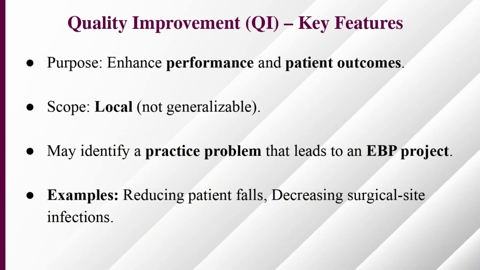So, for example, examples of quality improvement. You can realize that patients actually fall because they are moving on a slippery surface after the cleaners don't wipe the floors properly, and in the end you have patients falling. Okay, so you need to make sure that patients don't fall again.